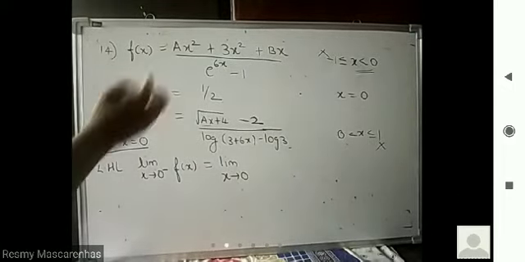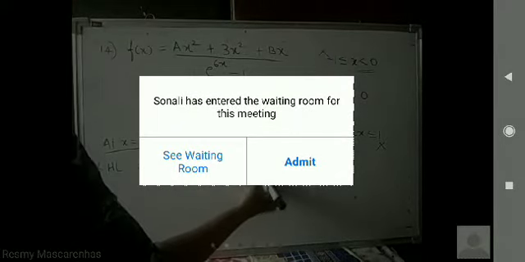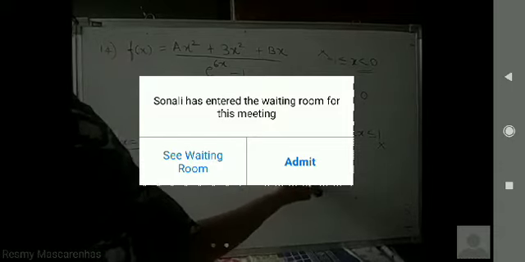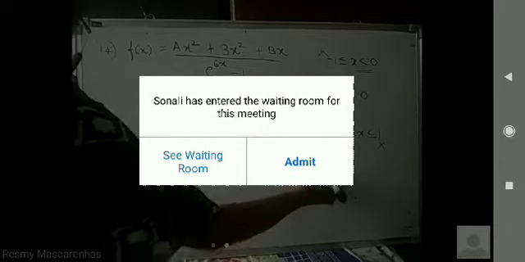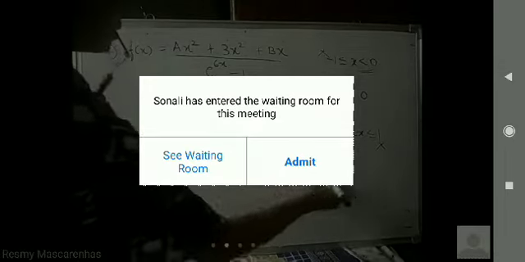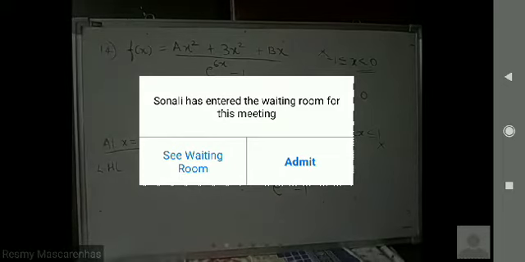Substitute the value. Which is the function? This one: (ax square plus 3x square plus bx) upon (e raised to 6x minus 1).